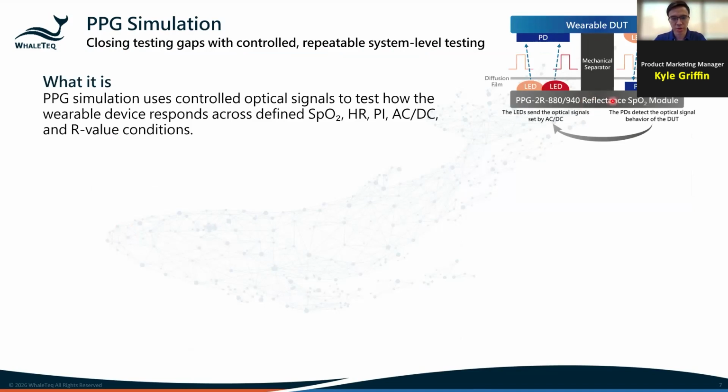There's a separator that separates the PD and your LED. The LED will transmit a light pulse pattern to our PD, which will receive it. And then we will send a simulated reflection back to your PD with the biosignal for your PD to receive.